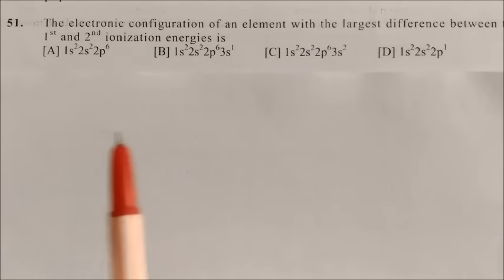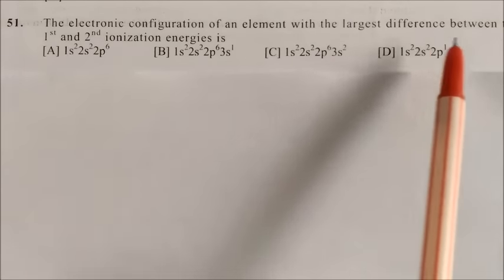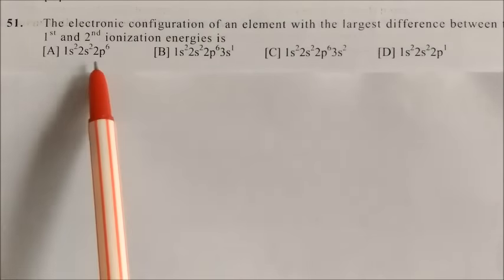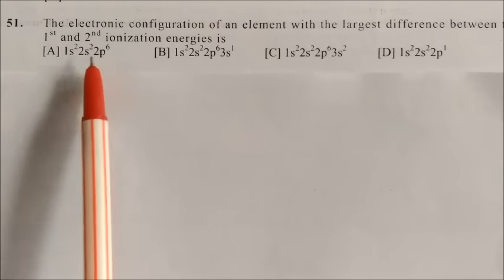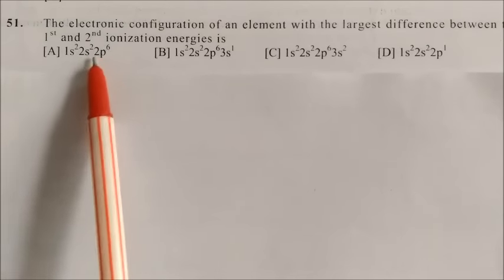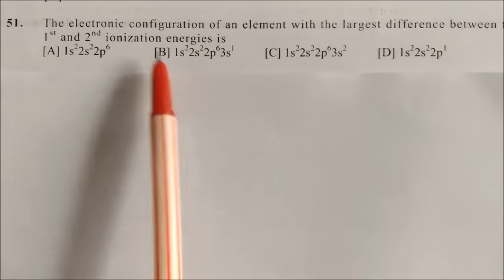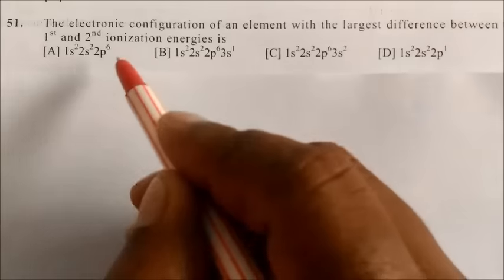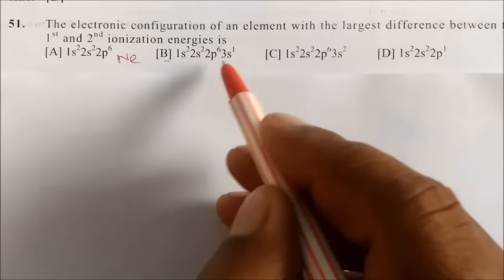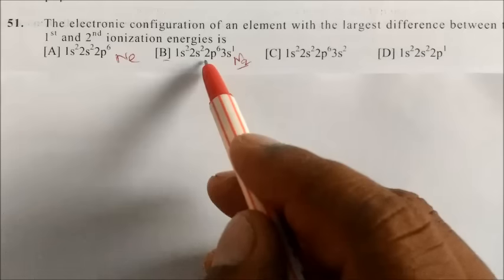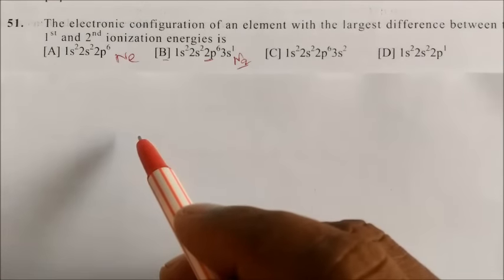The electronic configuration of an element with the largest difference between the first and second ionization energy is. In this, the first ionization energy will be very high, and the second is also high, because this is the inert gas configuration, neon. Option A is the neon configuration, and option B is 3s1, which is for sodium. The first will be low, but the second will be very, very high, because it is occupying the inert gas configuration.